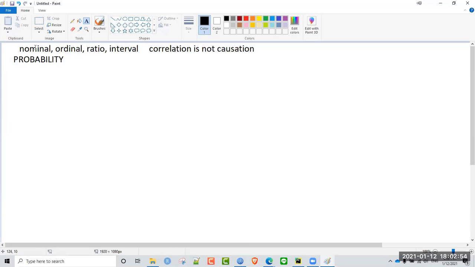Just like it was important to know the difference between these types of data, types of variables, it's also important to know about causality or causation. And remember, we ended up talking about treatment groups and control groups when we talked about causation. Same thing for probability, we're going to need some basic concepts.